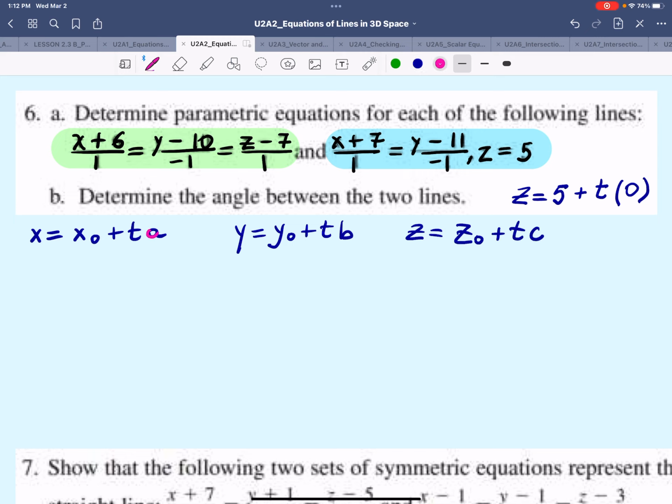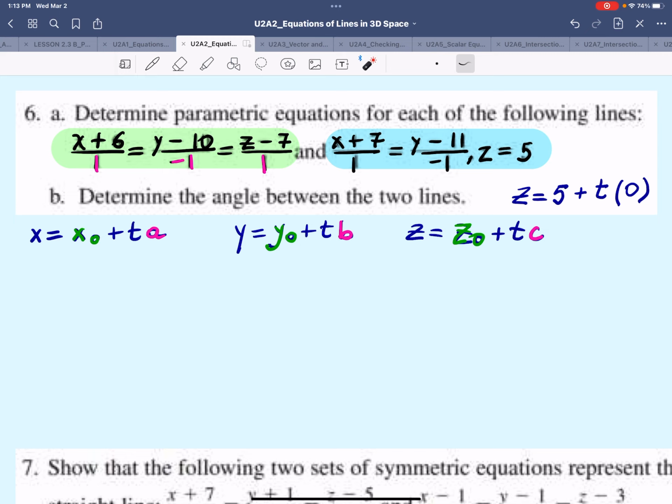Recall that the values of a, b, and c will represent the coordinates of the direction vector. Now, for the first line, that would be 1, -1, and 1.